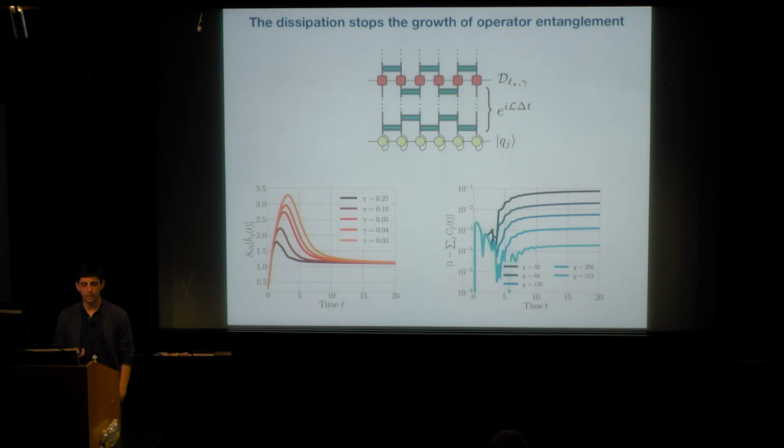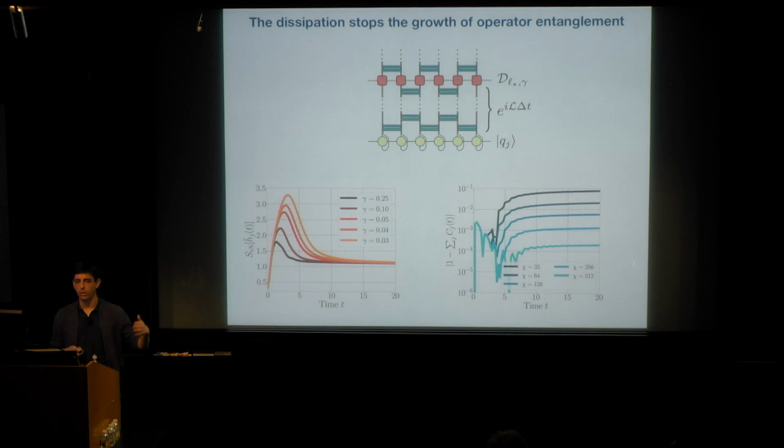And the very nice thing about this, which makes it useful, is that once you add this dissipation, it will cut off this growth of entanglement that was really plaguing your numerics before. So before I showed you that the entanglement of the operator grows linearly in time, but now, once you switch on dissipation, what you find is that it grows for a while, but then it peaks and comes back down. And now, the maximum entanglement bottleneck that you need to go through will be controlled by gamma.